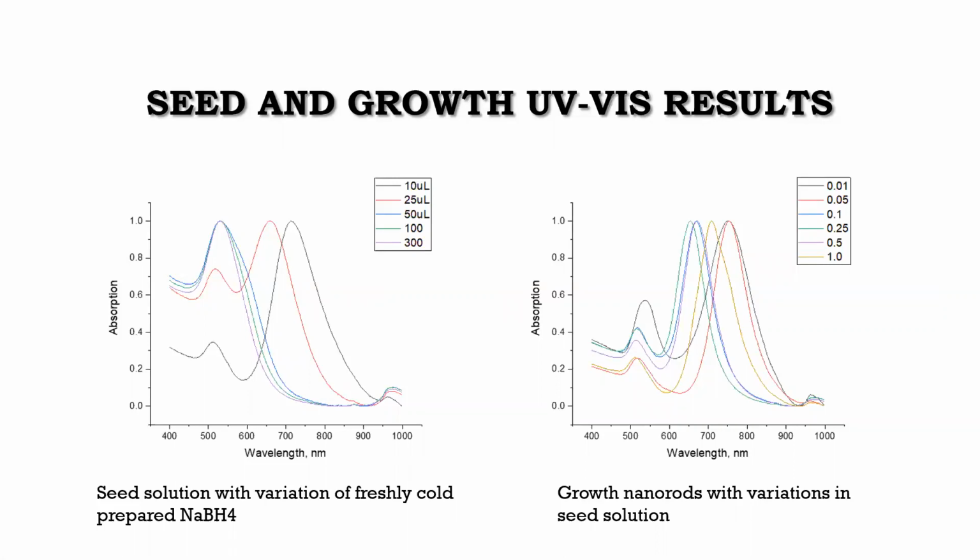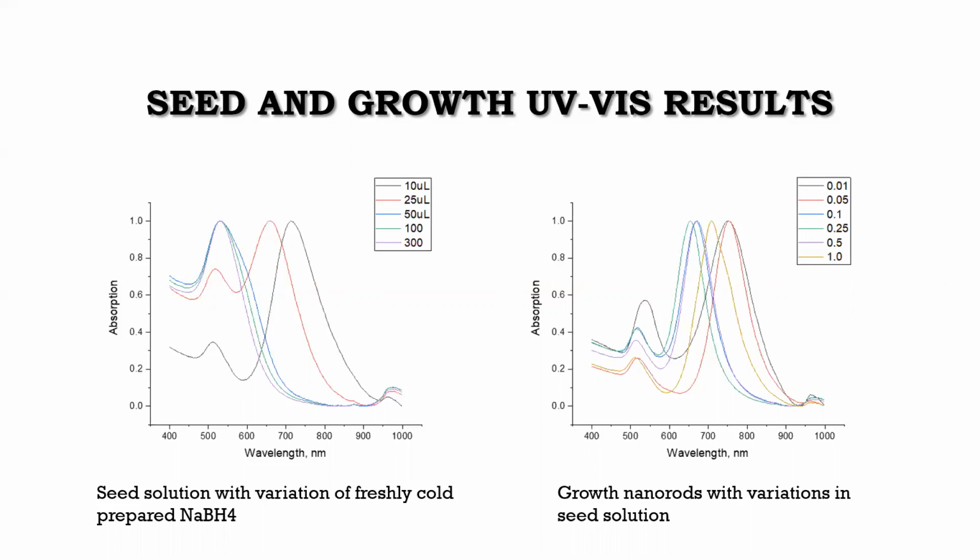We optimized the seed solution with the variation of freshly cold-prepared sodium borohydride. As you can see from the left, 10 microliters of the sodium borohydride has the lowest value of full width at half maximum, at 143 nanometers, as compared to other variations of sodium borohydride.